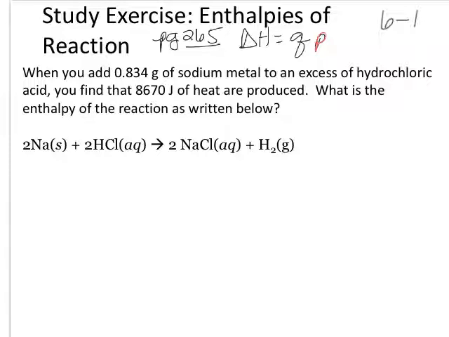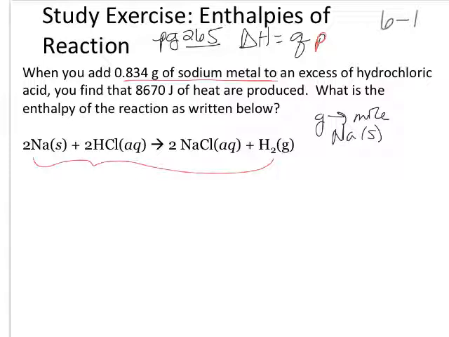So the first thing you're going to do in this problem is convert grams to moles for your sodium metal. When you consider the enthalpy of a reaction, every reaction has a delta H associated with it, and that delta H can be used as a conversion factor for how many moles.